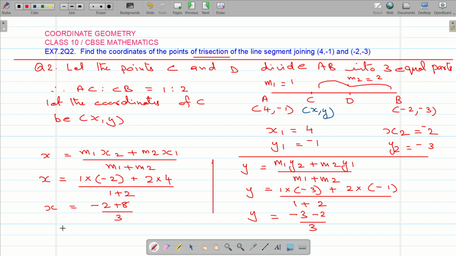So x is equal to 6 by 3, that is equal to 2, and y is equal to minus 5 by 3.